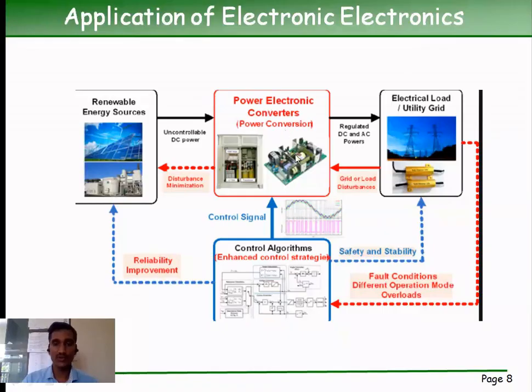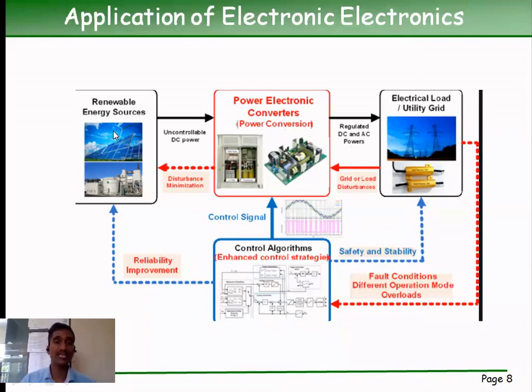Okay, now next we can use power electronics at the time of the distribution of the electricity. Now we are implementing renewable energy source plants which can generate power in the form of kilowatt, megawatt, or gigawatt, depending on this photovoltaic cell.